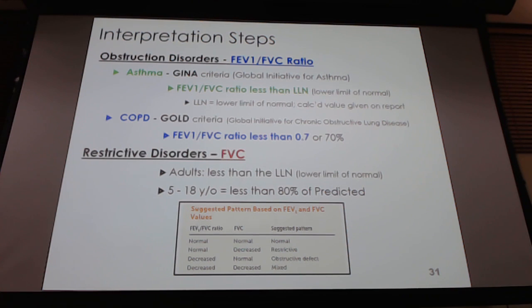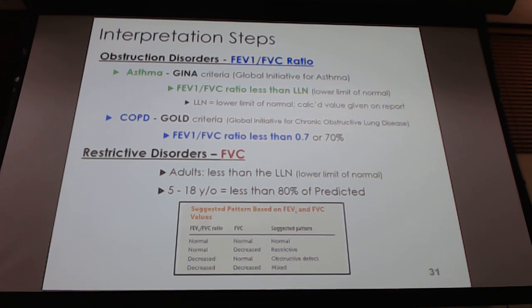Alright, obstructive disorders. Essentially, when we interpret these, it's going to be obstructive, restrictive, or mixed. Obstructive is when our FEV1/FVC ratio is too low. For asthma, because it's a much more diverse medical condition, they have to use the lower limit of normal for that patient.